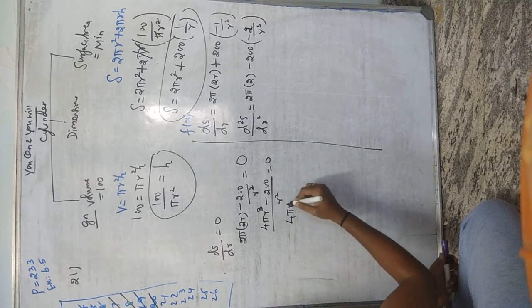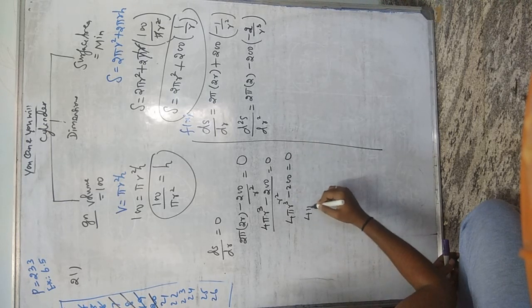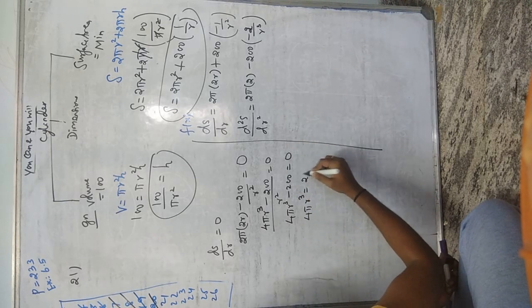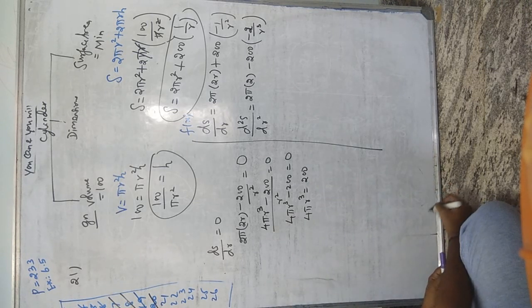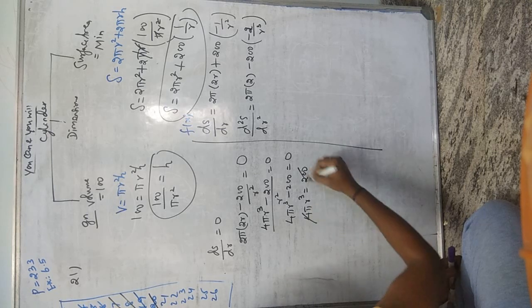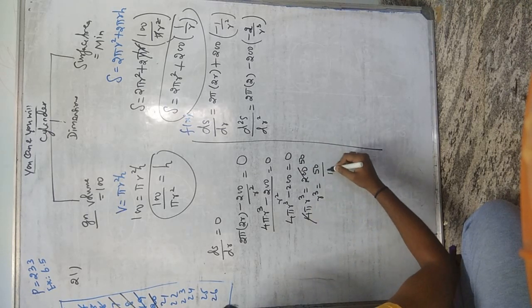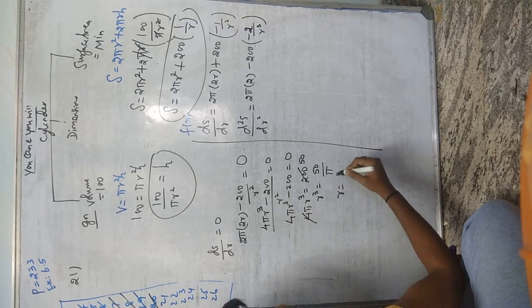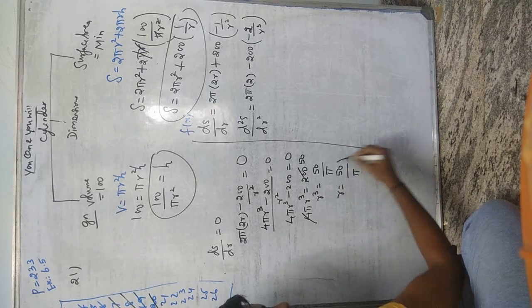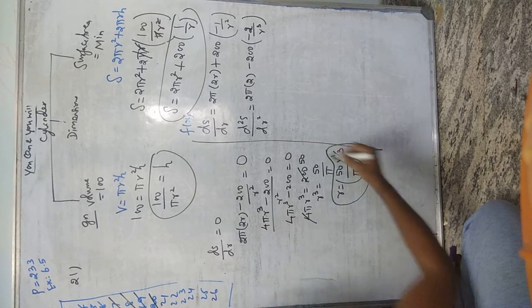Cross multiply: 4πr³ minus 200 equal to 0. 4πr³ equal to 200. I need to find the r value. I cancel 50. r³ equals 50 upon π. r equals (50 upon π) power 1 upon 3. This is your critical point.